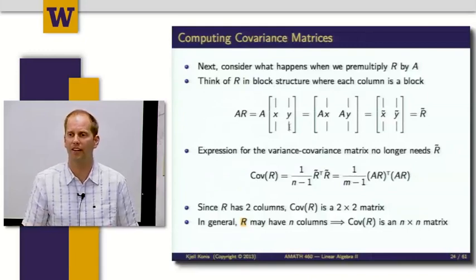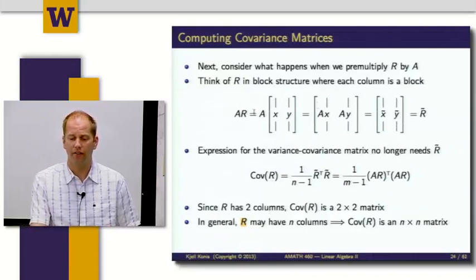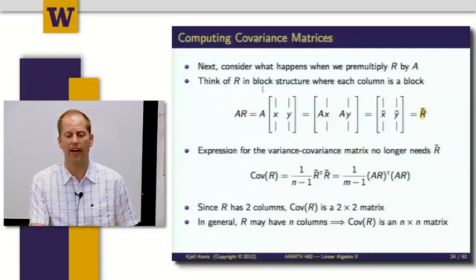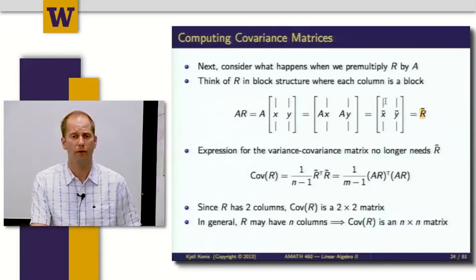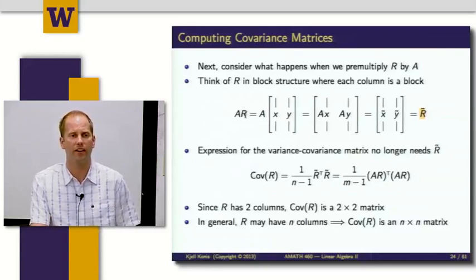What's going to happen in general is that, here R has two columns and R tilde has two columns, and because I can just apply A column by column, I could do 3 columns. I could have had an arbitrary number of columns in R, so I can say it has n columns.